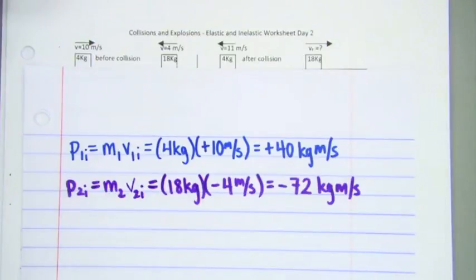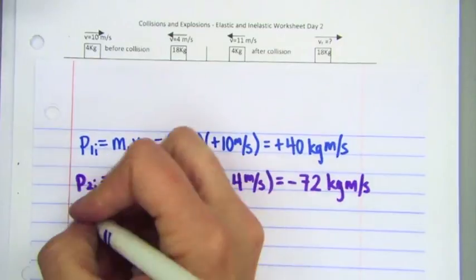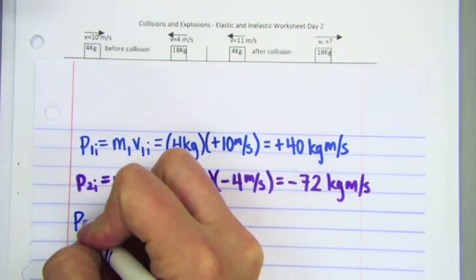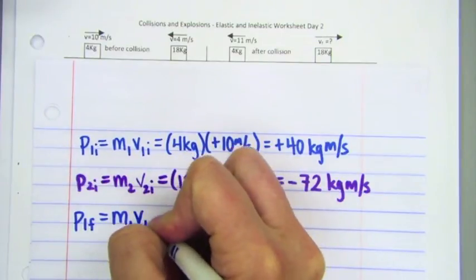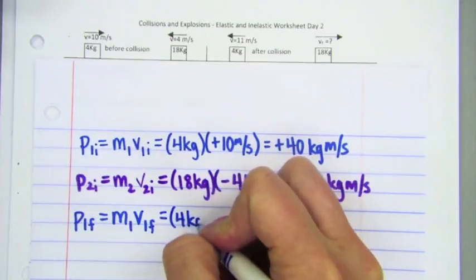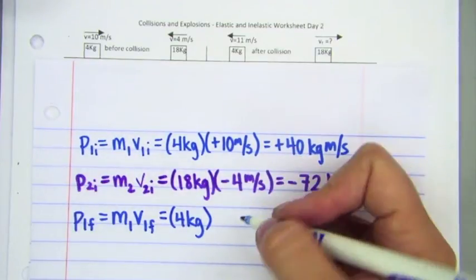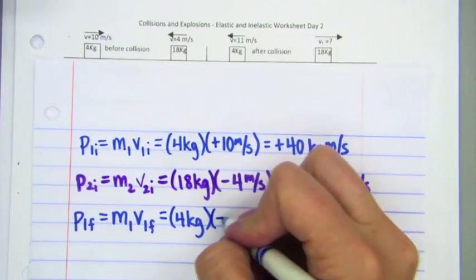So let's find the momentum of object 1 after collision. Remember, object 1, the mass does not change. All we're doing is changing its velocity.